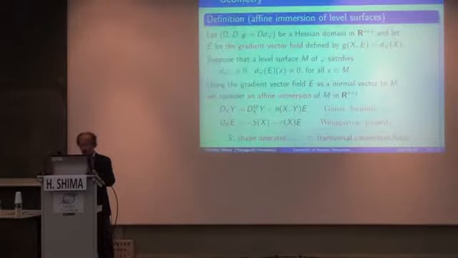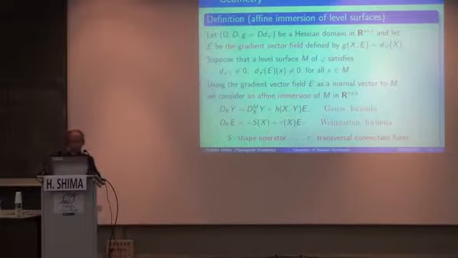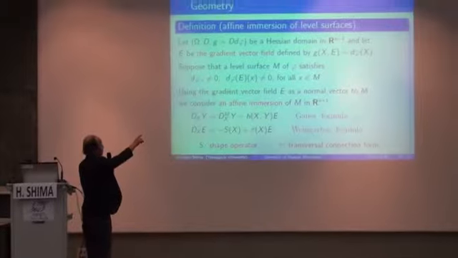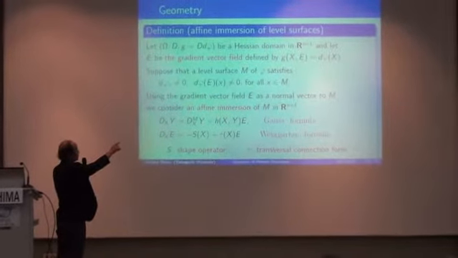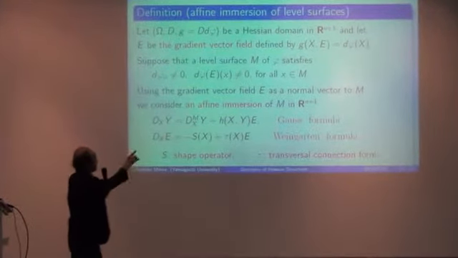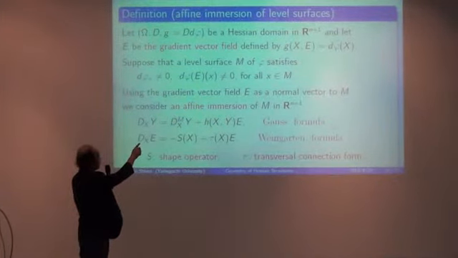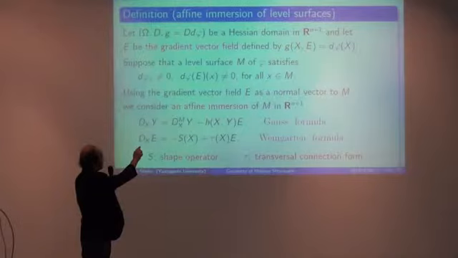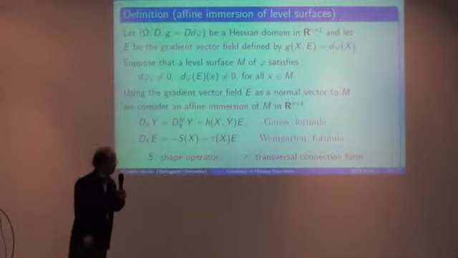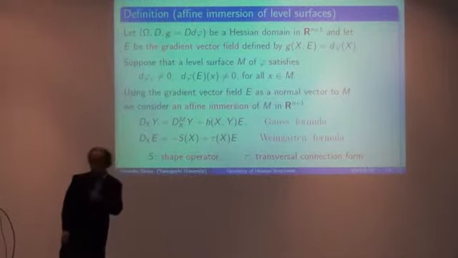The gradient vector field E and dφ, the gradient mapping, derive each other.